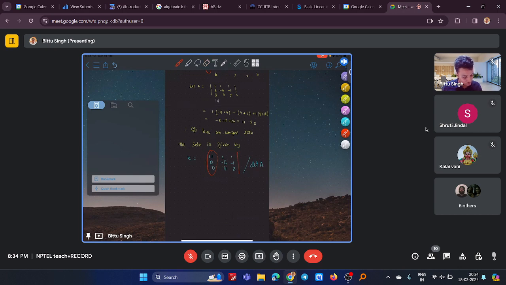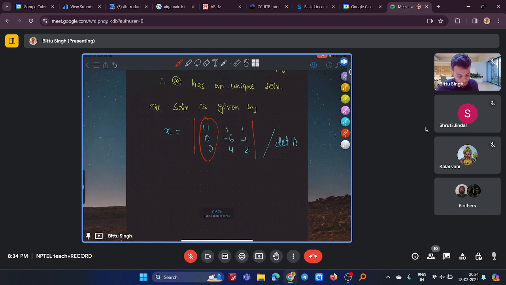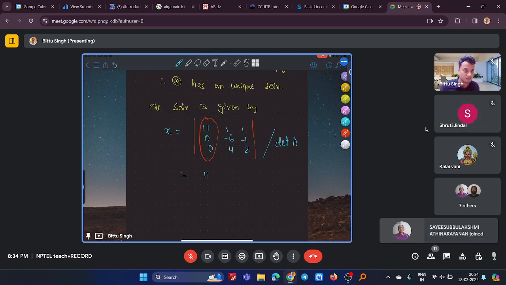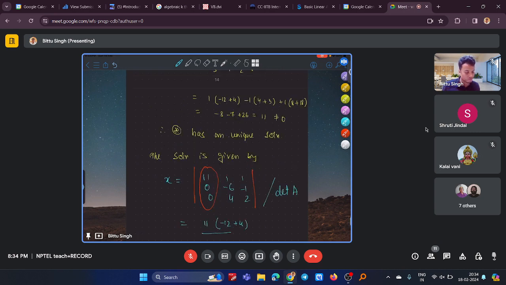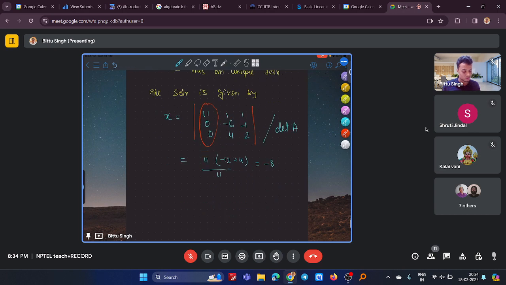This is actually the same as 11 times minus 6 minus 2, 11 times minus 6 into 2 minus 12 plus 4. Divided by the determinant of A, which is 11, so it is the same as minus 8.